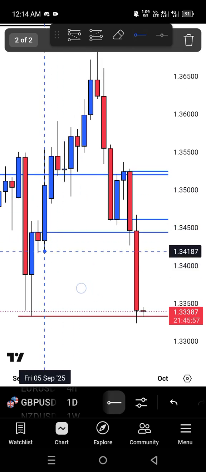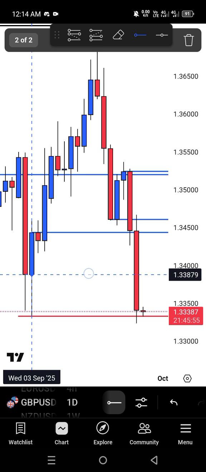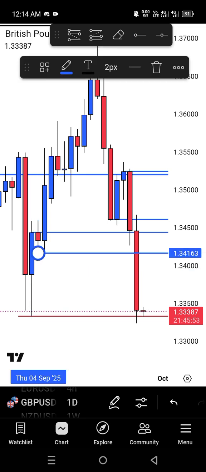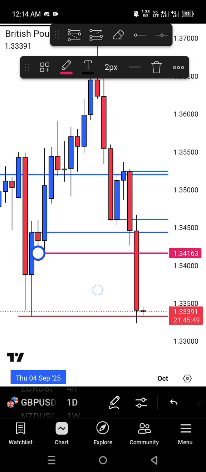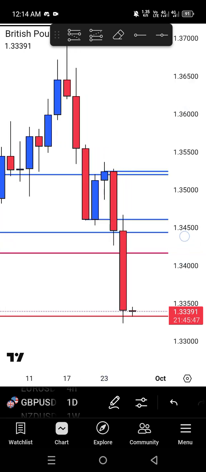And we have this particular liquidity point right here, which is kind of the intraday target.